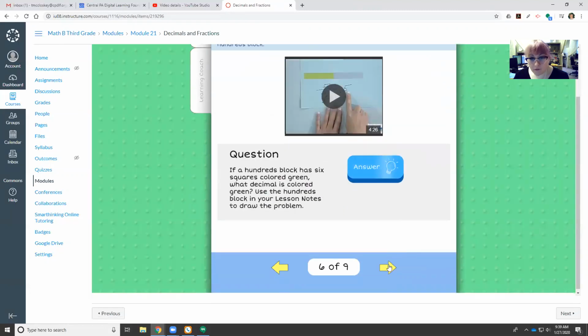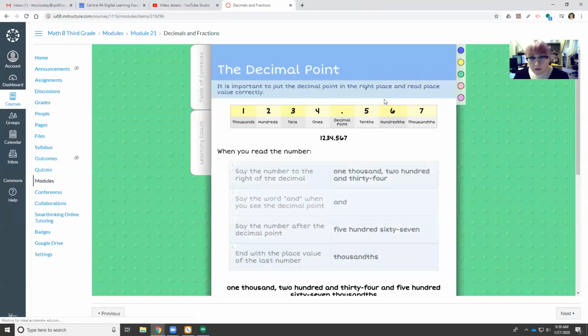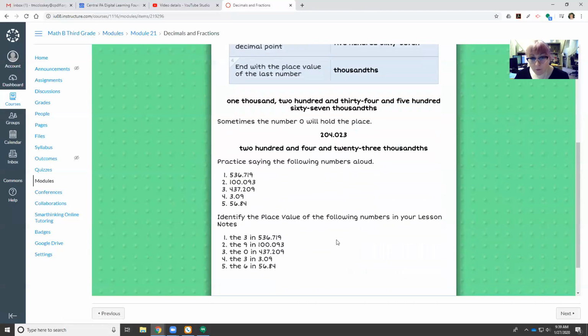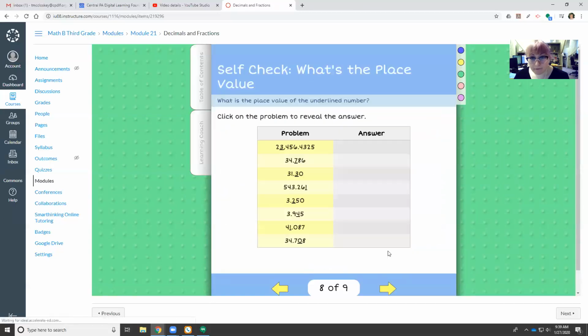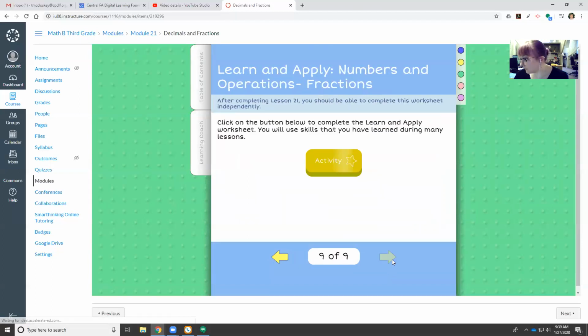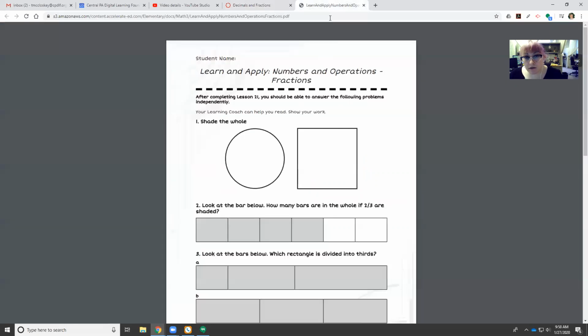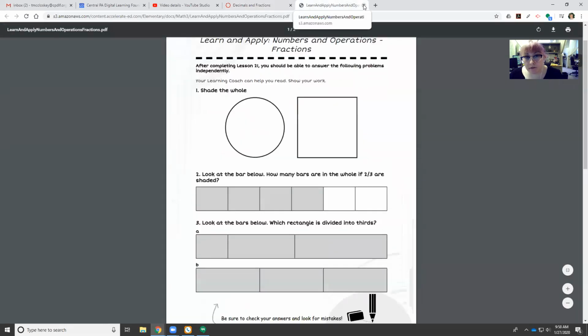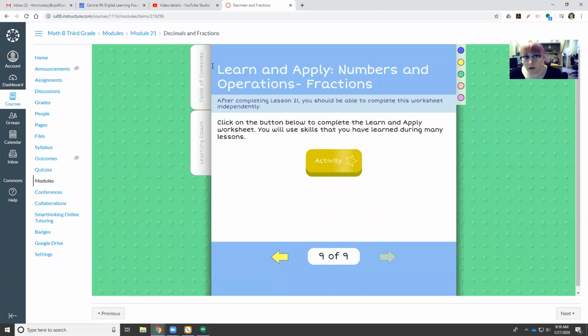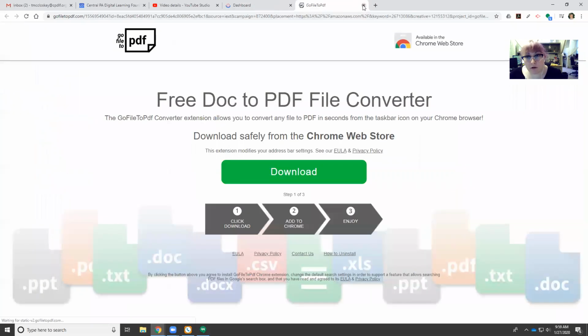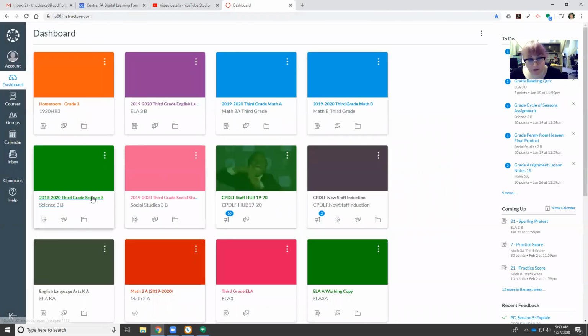A video with a self-check. Going to talk about the decimal point. And then do some self-check. All right, and then you will have a little worksheet, learn and apply, so you can practice some more. And go back to the squiggle or to your favorites bar if that's what you choose.